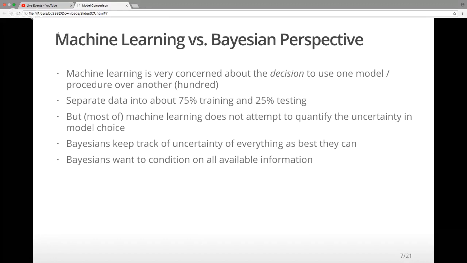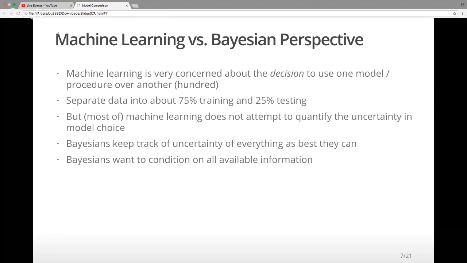And they're also very concerned with making the criteria for deciding what model is better than another be prediction accuracy or classification accuracy. Nothing to do really with directly speaking with the parameters in the model, but only what predictions they imply. And there's also a very strong convention when doing one of these supervised learning things of separating your data.